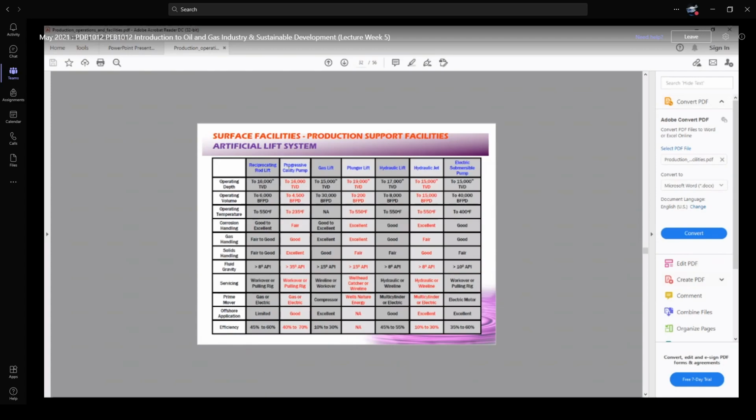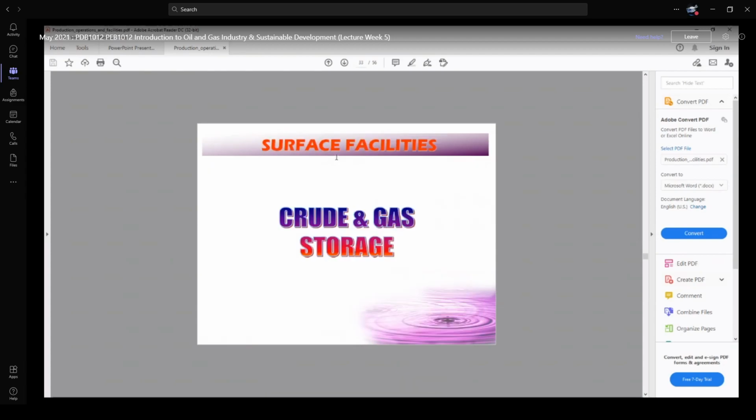It depends on different criteria: operating depth, operating volume, operating temperature, and all these parameters. If the depth is up to 6,000 feet TVD, we can use the rod pump. We can use the progressive cavity pump. If it's up to 5,000, we can go with gas lift, and similarly, you can follow this chart to select the surface production facilities for it.